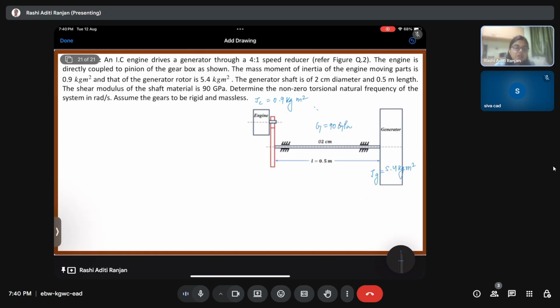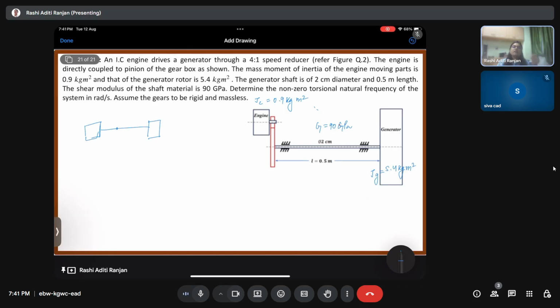Non-zero torsional natural frequency means that the system is not behaving like a rigid body. If you remember, for this system we were converting it into this form, something like this. If there is any relative motion between them, only then is it going to show us a torsional natural frequency.